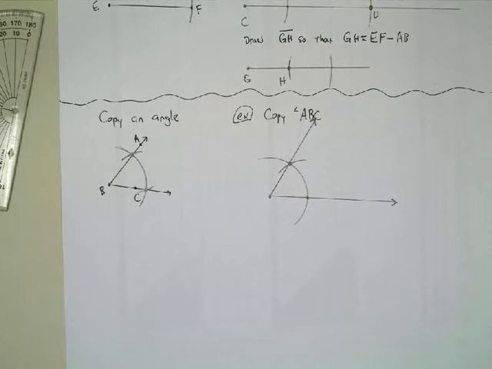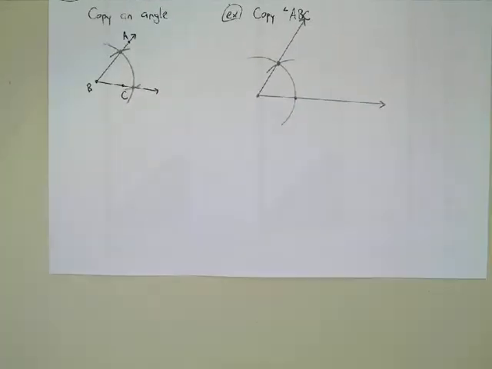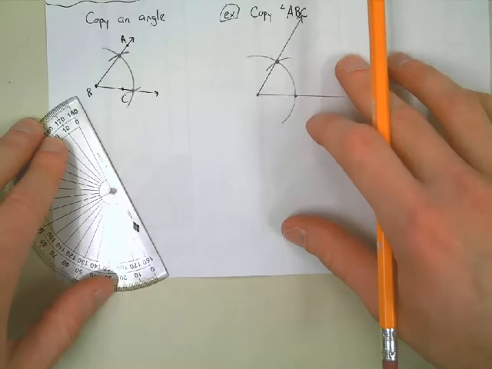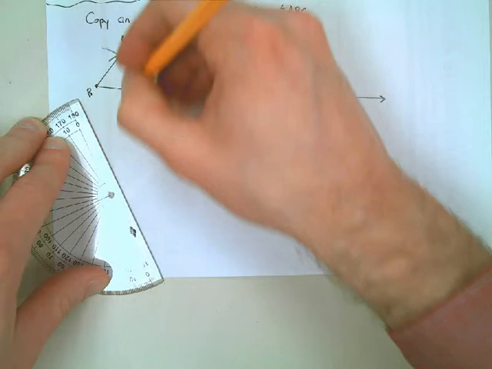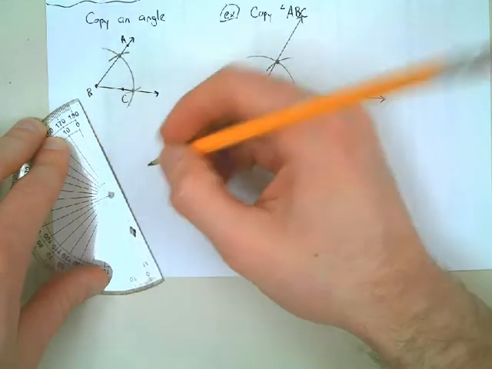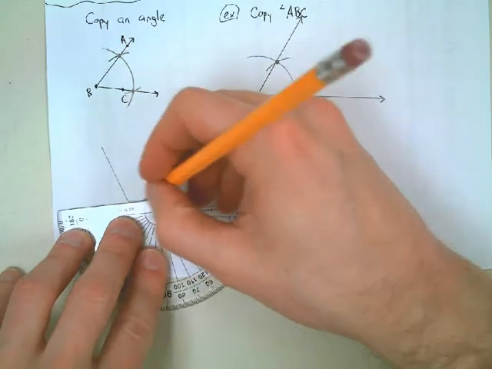Okay. Questions on that? All right, let's do another one here, but we'll do this one more quickly, right? We don't need to spend as much time. Now I'm going to do an obtuse angle, and you'll see, obtuse angle is the same steps. It's just a little bit more difficult because you have to make this arc so much bigger, that's all. So I'm going to do an obtuse angle. Just draw a nice obtuse angle on your paper there.